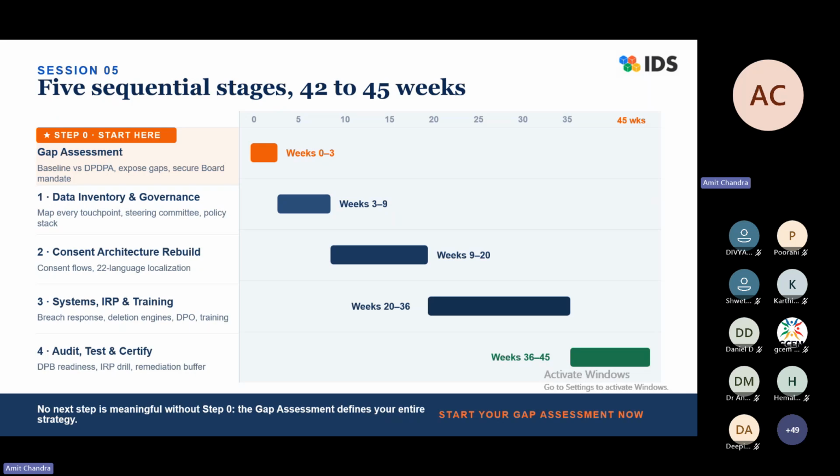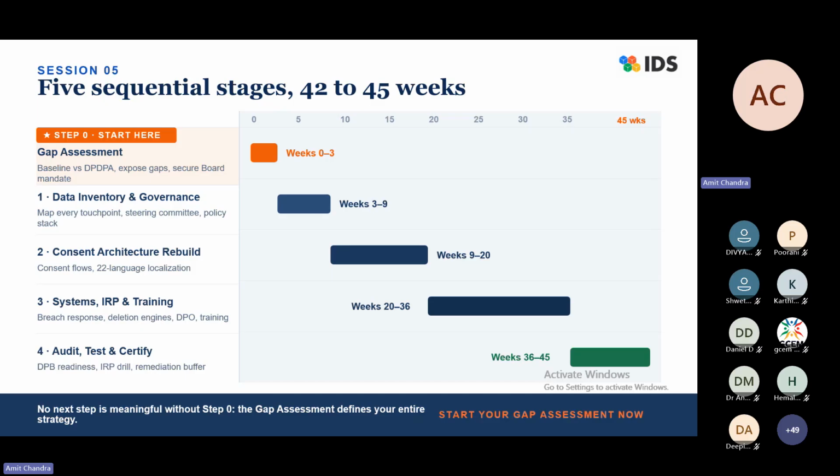Then comes the consent architecture rebuild. It means once the gap assessment and data inventory are done, we will make sure that we deploy a platform. I will say "we" because now I'm going to portray you as a consent management platform company so that you will easily understand.